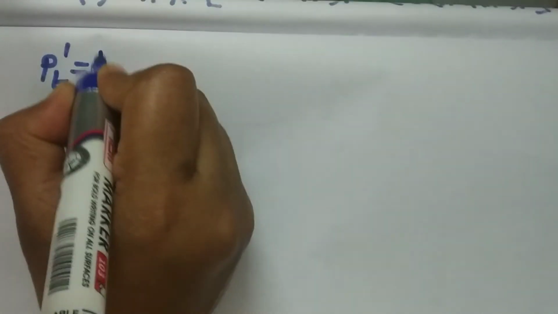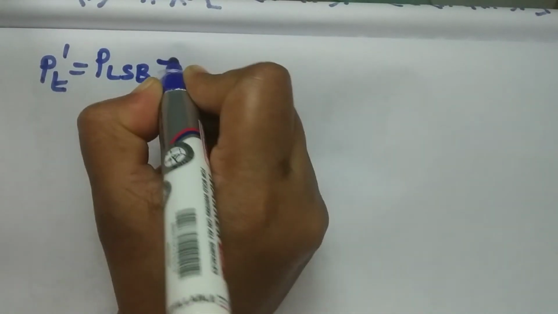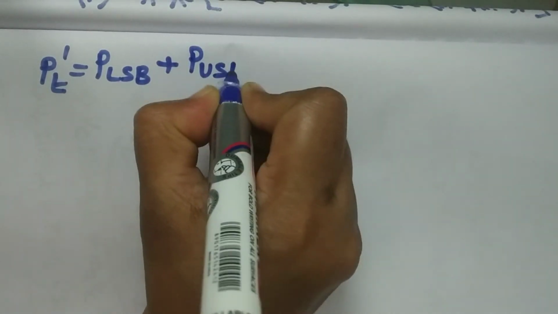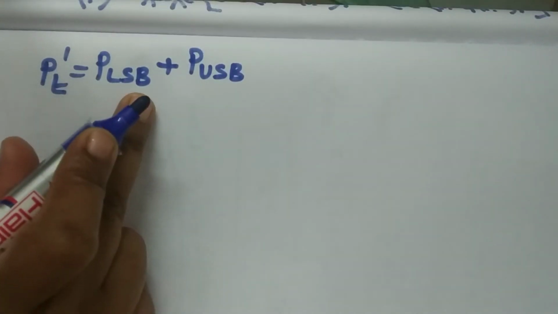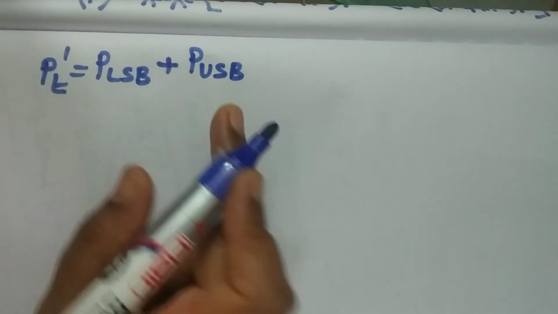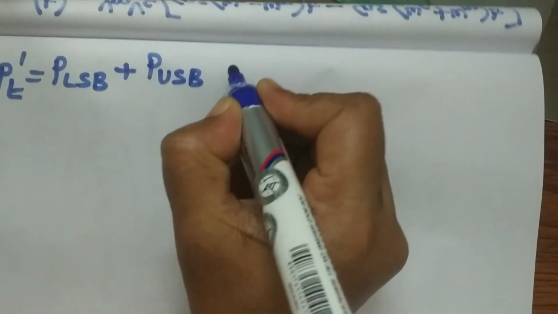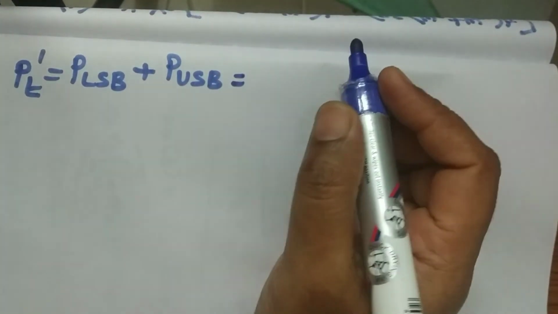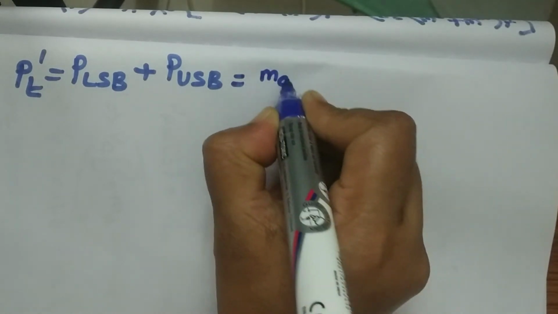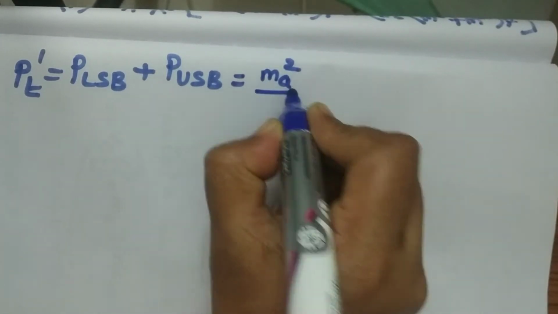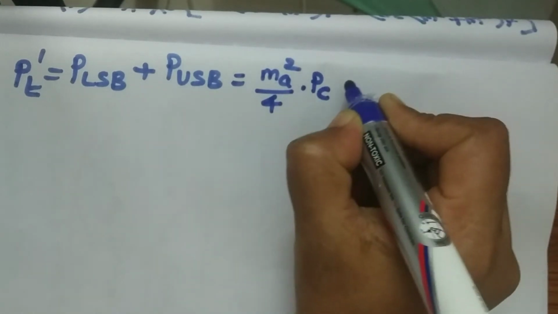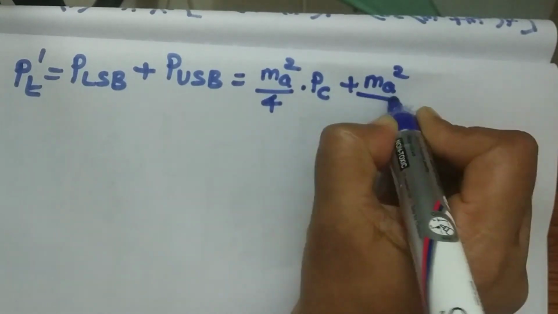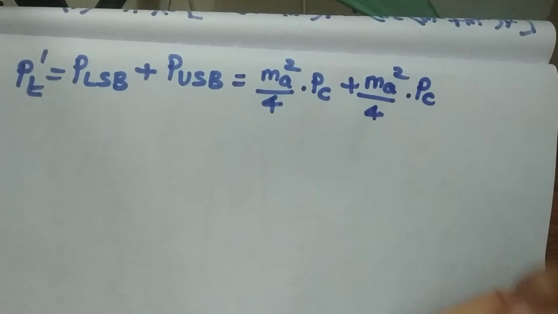Therefore we substitute the value of sideband power in this expression. PT dash is equal to lower sideband power plus upper sideband power. So we are deriving lower sideband and upper sideband power: MA squared by 4 into PC plus MA squared by 4 into PC.